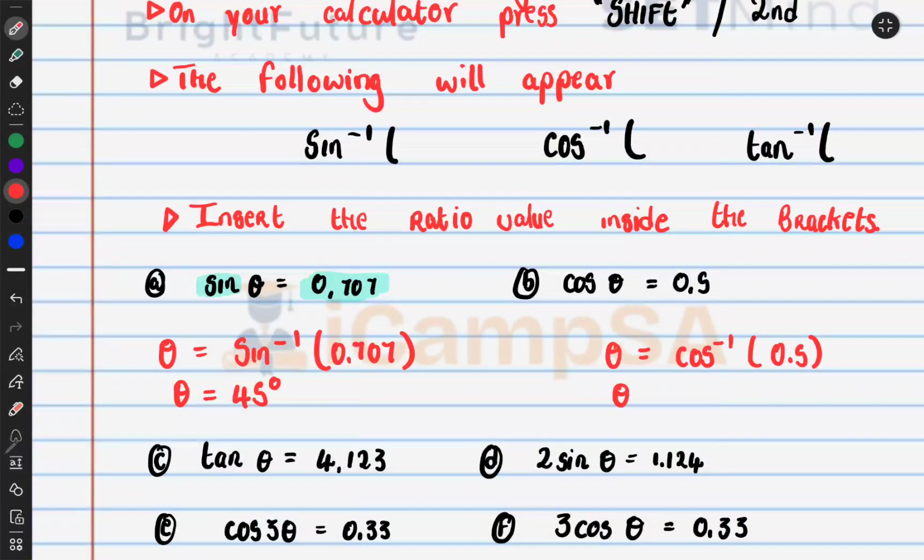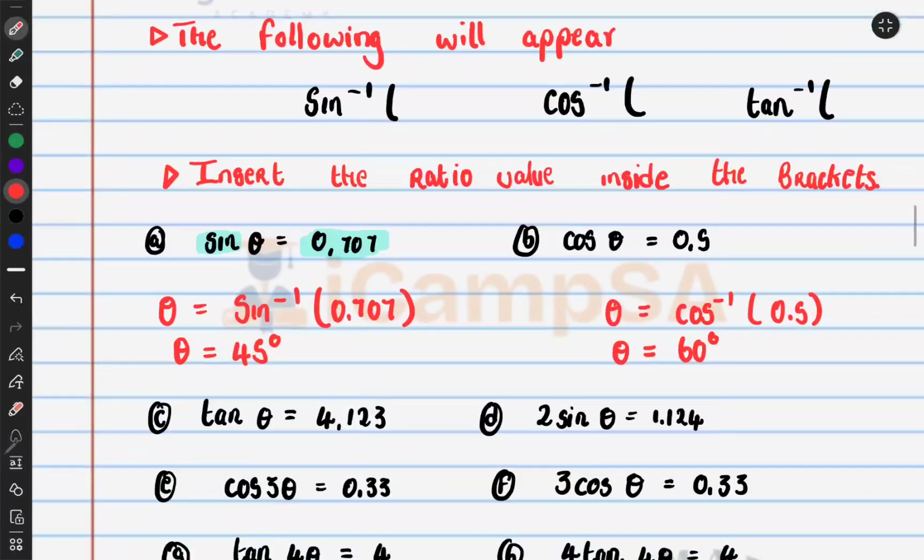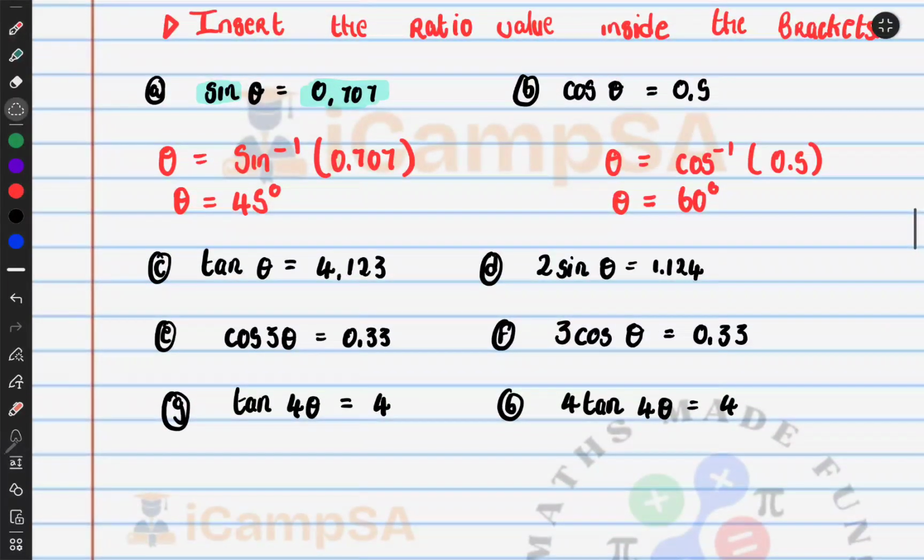It should appear like that, and when you press the equal sign in your calculator, it should give you the value of that theta, which in my case is 60 degrees.